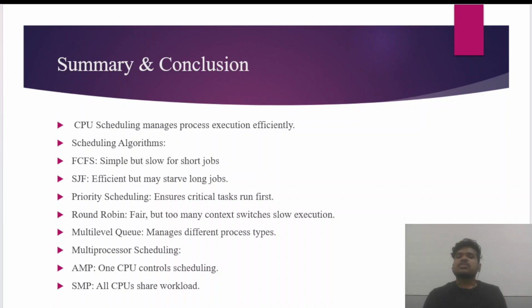After these algorithms, we learned about multiprocessor scheduling, in which we studied AMP, asymmetric multiprocessor scheduling: one master CPU makes all the decisions. Then we have symmetric multiprocessor scheduling: all the CPUs share the same workload so that not only one CPU gets overloaded.